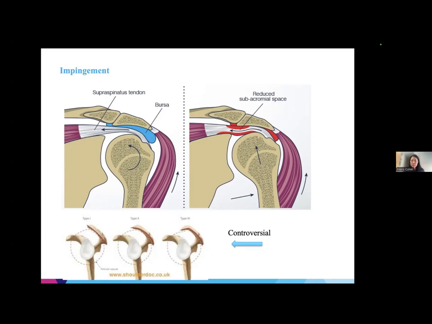So it's inflamed synovium or bursa, and that can be very thick tissue that doesn't really serve any purpose, but it just takes up space. And the reason why all our provocative tests are with the arm abducted or elevated away from the shoulders is because that's going to close down the space in this area. We call it the subacromial space. And if you have a problem going on there, that's going to cause pain.